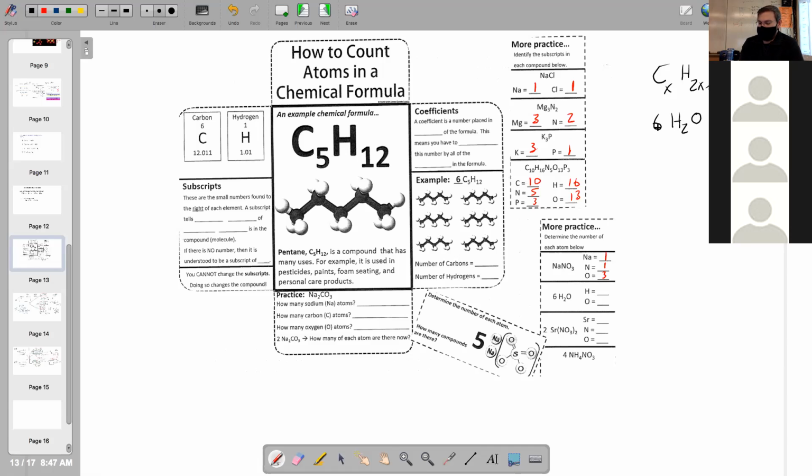So the coefficient gets multiplied by however many of the individual atoms there are in the compound. For hydrogen, it's 6 times 2, or 12 hydrogens. For oxygen, it's 6 times 1, so 6 oxygens. 6 water molecules altogether have 12 hydrogens and 6 oxygens available.